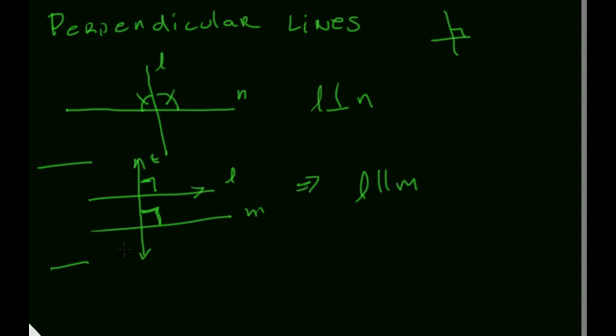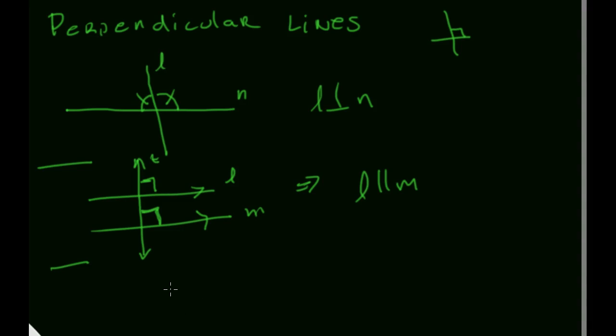Okay, and that almost follows directly from the same side interior angles theorem or the corresponding angles postulate, depending on how you want to look at it. It can be looked at either way.